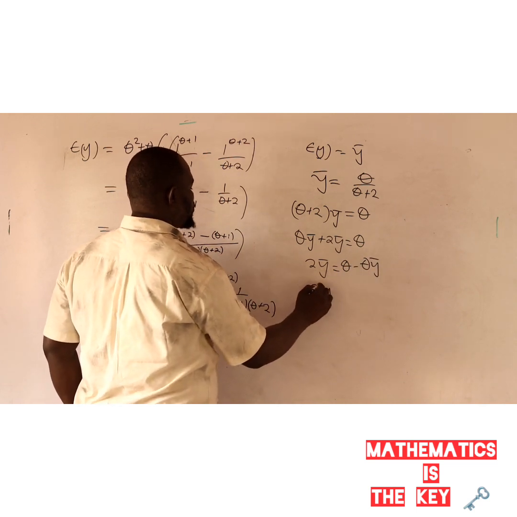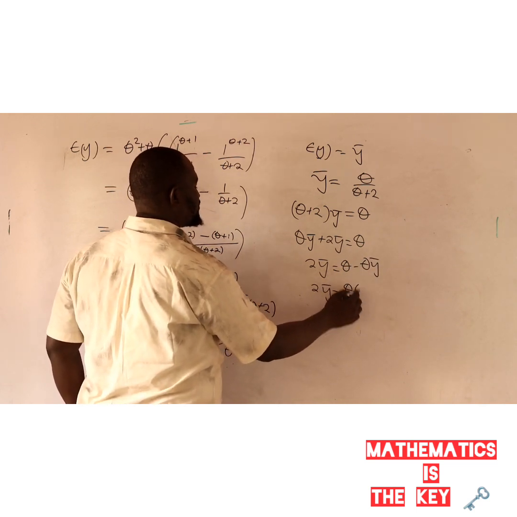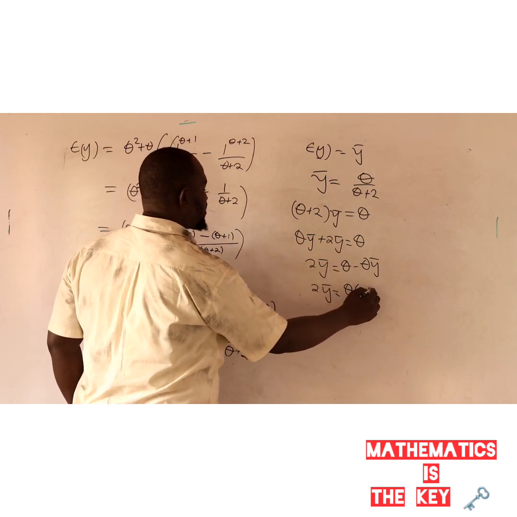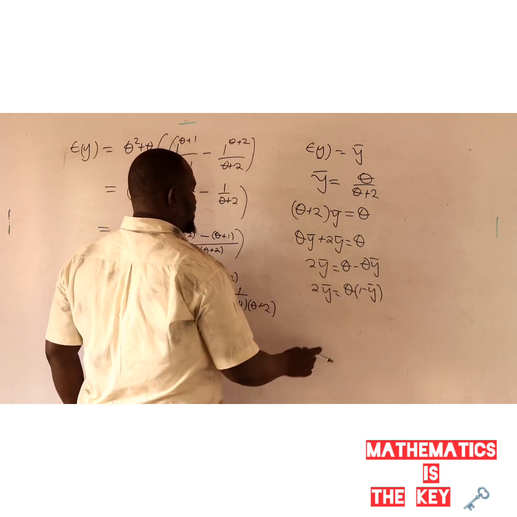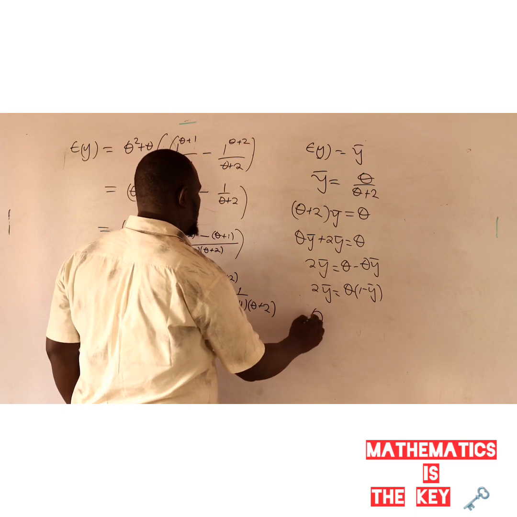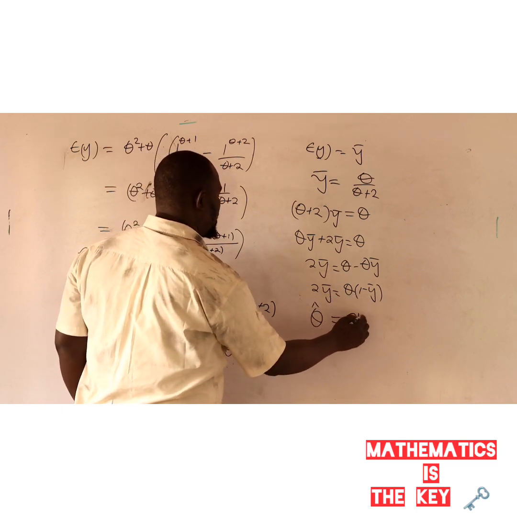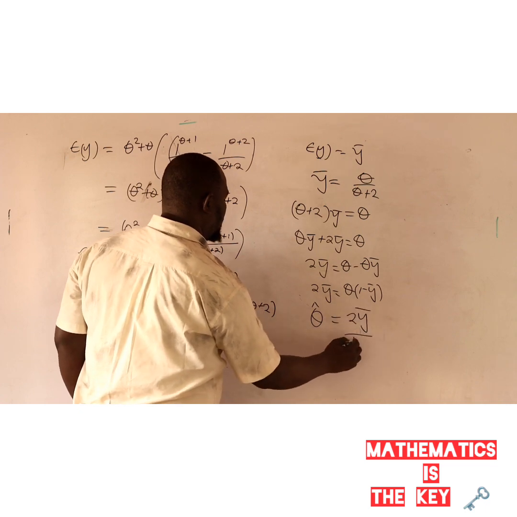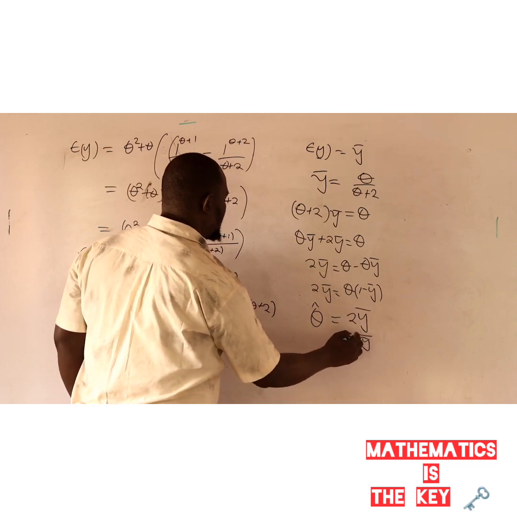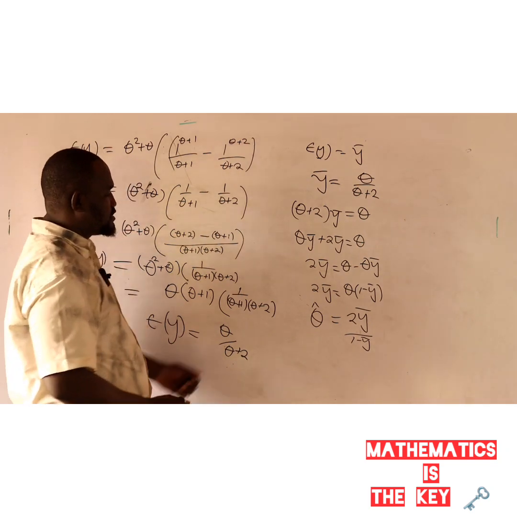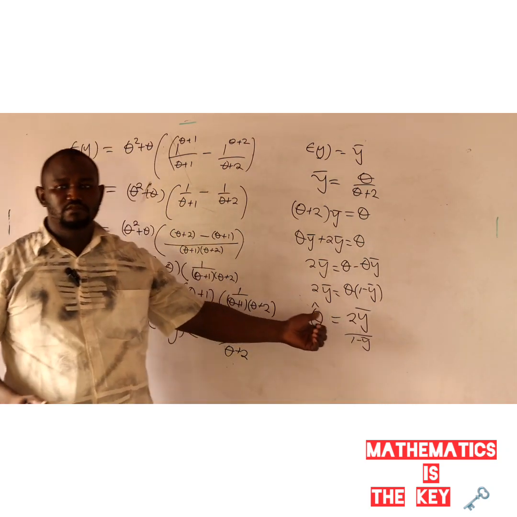So we have 2 y bar is equal to theta is common. Factorize theta, we have 1 minus y bar. And to find theta estimate now, we divide both sides by 1 minus y bar. So we have 2 y bar all over 1 minus y bar. So this is our estimate.